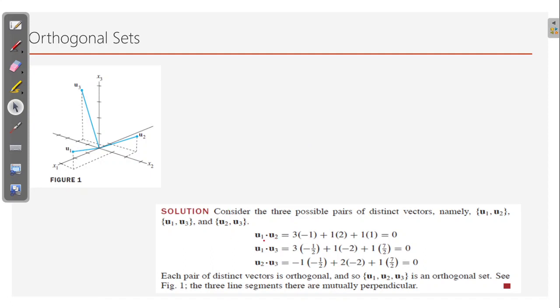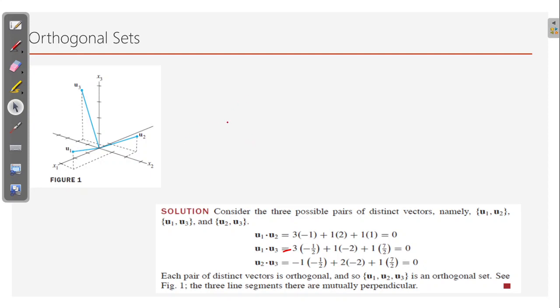u1 inner product u2 is equal to 0. u1 inner product u3 is again equal to 0. u2 inner product u3 is again 0. That means each pair of distinct vectors is orthogonal, and so u1, u2, u3 is an orthogonal set. In figure 1, u1, u2, u3 are vectors in R3.